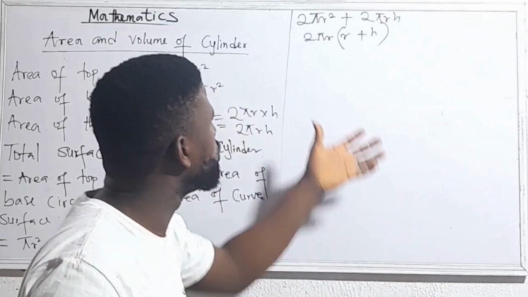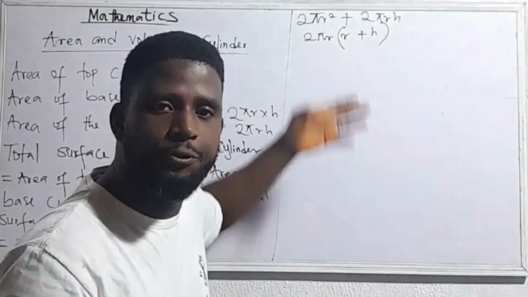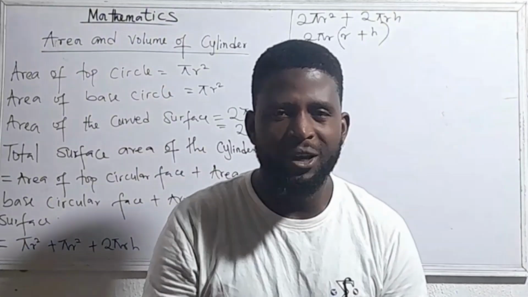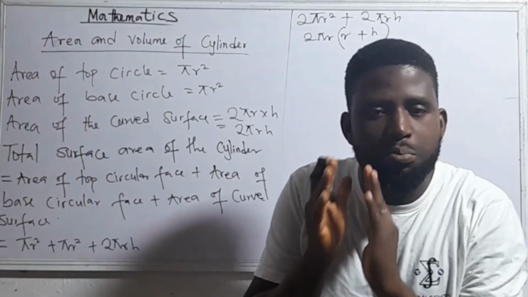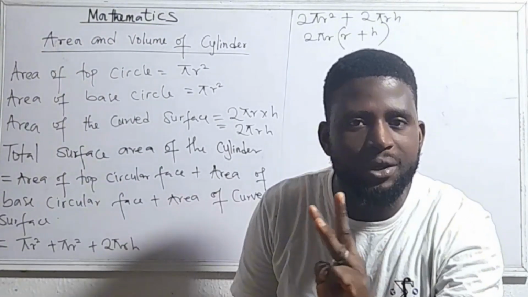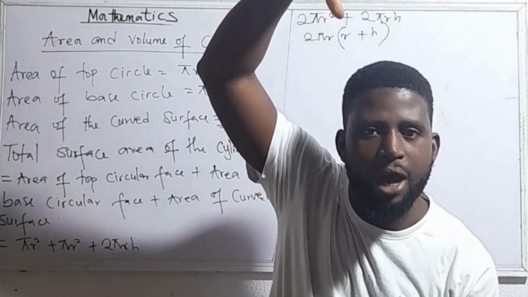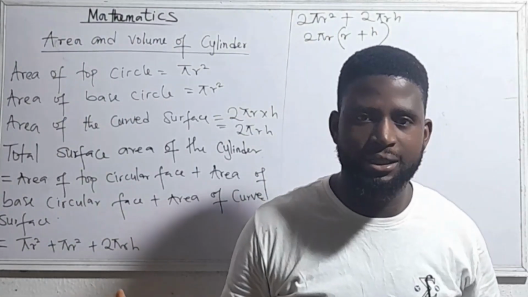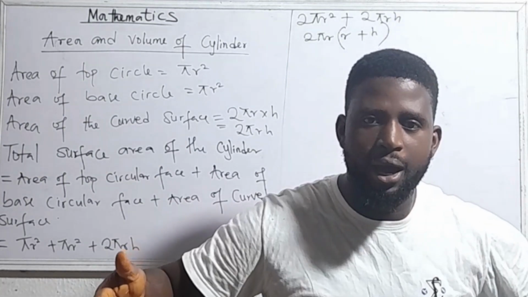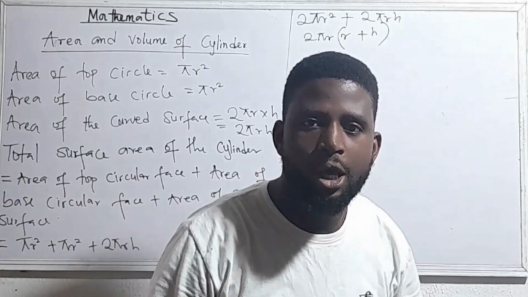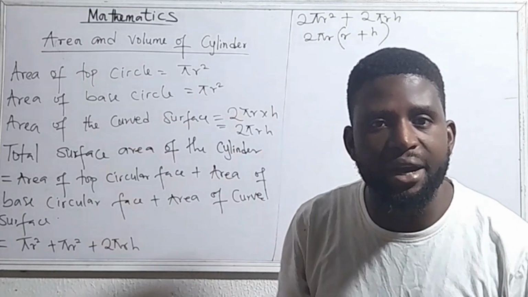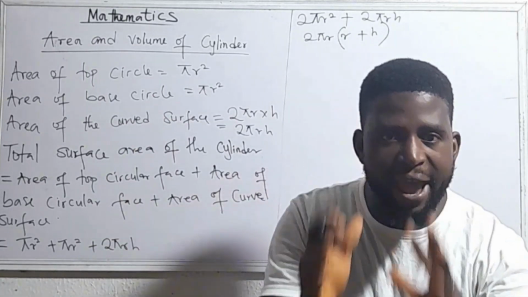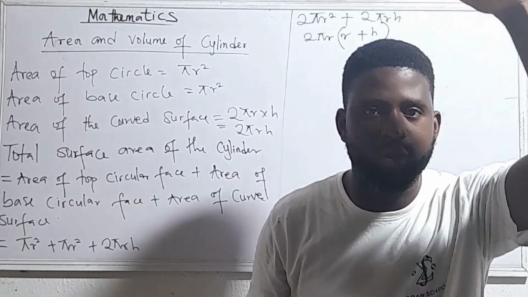In case you don't remember this formula, remember that a cylinder is made up of 3 surfaces: the top circular face, the base circular face, and the curved surface. The total surface area is the area of each of the 3 surfaces.